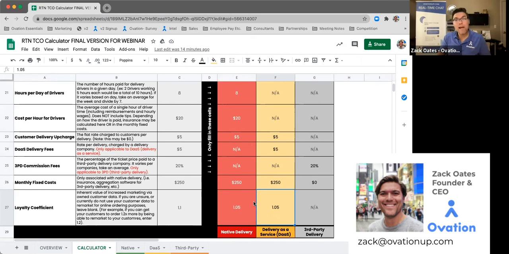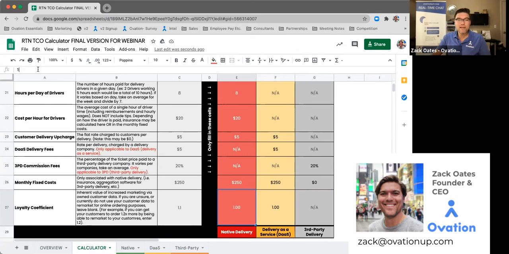But if you have tools and processes to use that marketing data, put it here. What should it be? 1, 2, 1.5? We've given it a little bit of a bump here, 1.05. If you want to negate the loyalty coefficient, change those to 1. That will make everything even across the board.